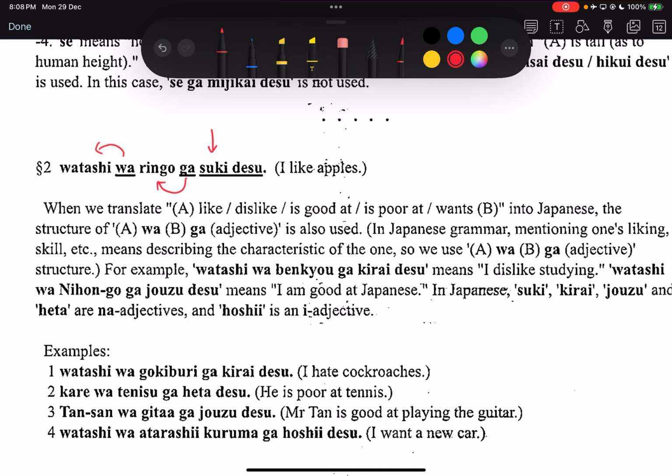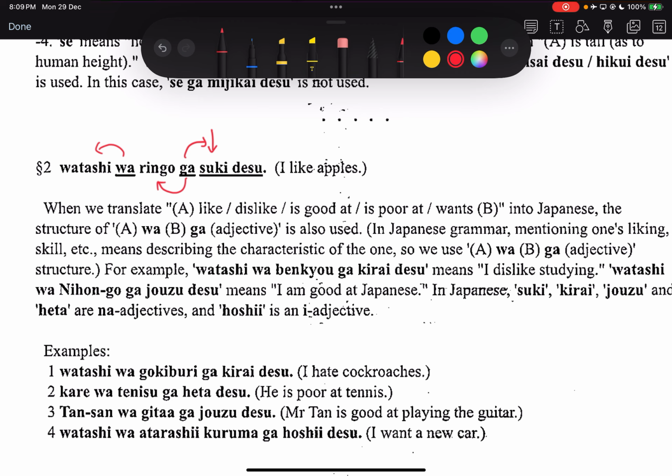So this suki is always accompanied by ga. Something ga suki. We cannot say subject suki. For example, if we want to say I like chocolate, chocolate is my object here. So that's why we say chocolate ga suki. We don't say watashi ga suki. Watashi ga suki means you like yourself. You make yourself the object. Then you like yourself.